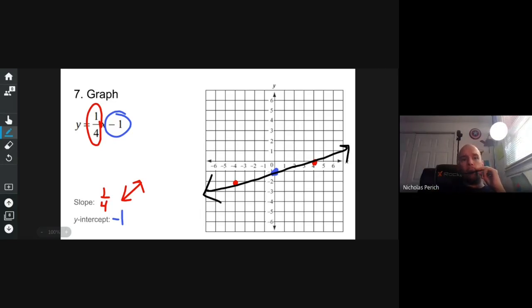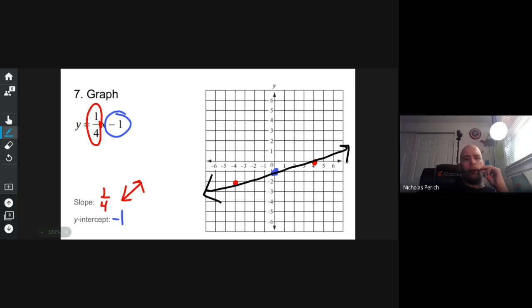Okay. So again, one more time, in review, to make sure we're all good, what I did is I noticed that I have an equation in slope-intercept form. Y is already by itself. So the number in front of x is my slope.